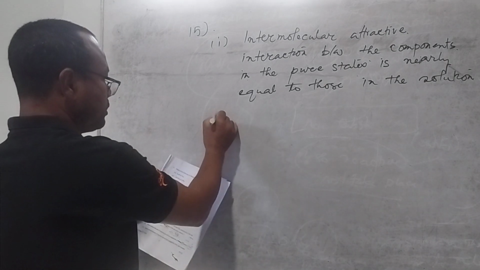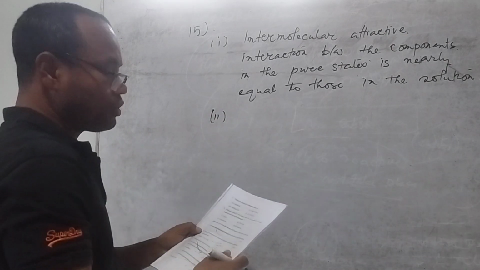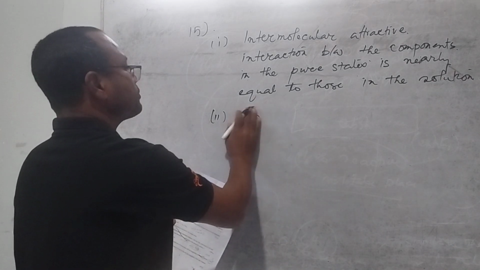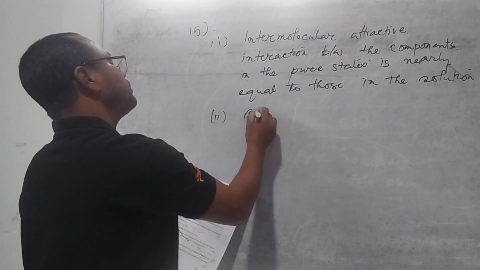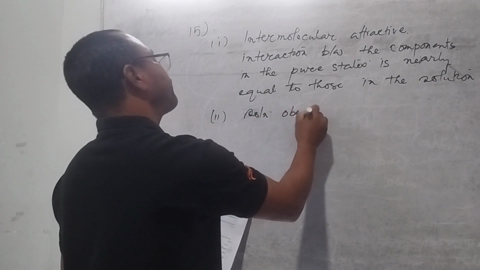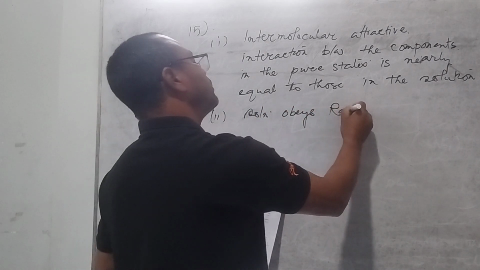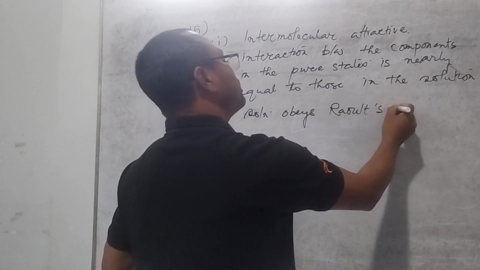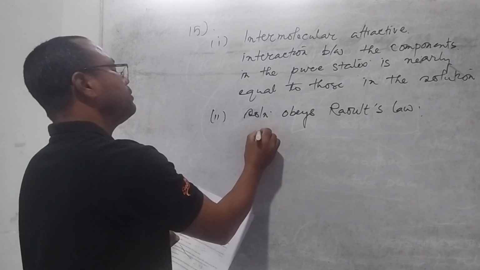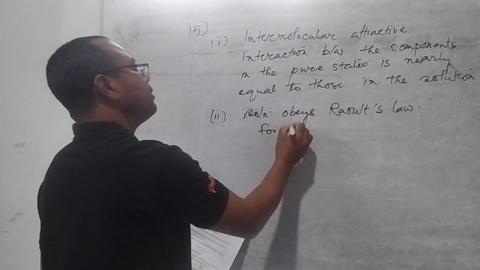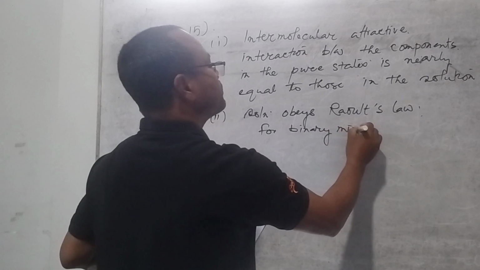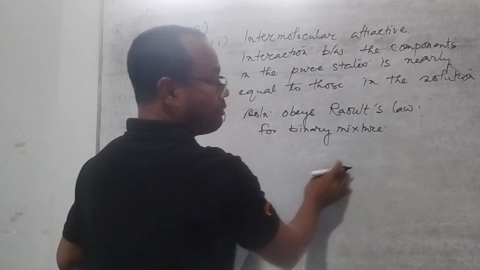Then point number 2: those solutions which always obey Raoult's law. For a binary mixture, if you mention it like this, it can give you marks, right?